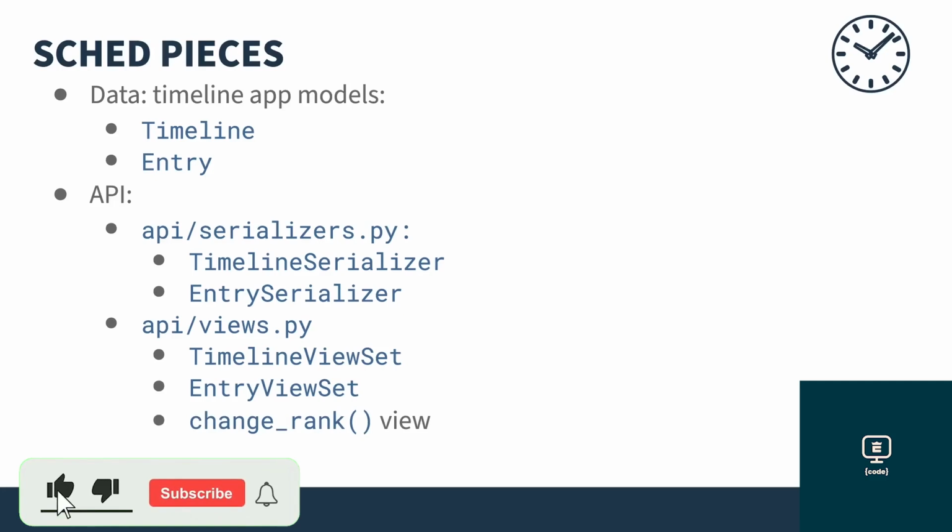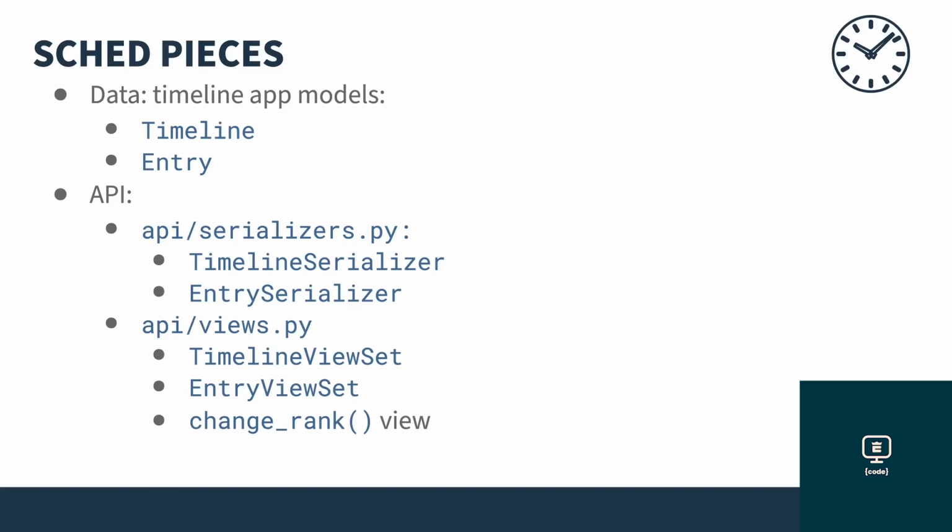The entry object inherits from Django All's ranked model class. This is what specifies the order of the entry inside of the timeline. Ranked model has logic inside of it that ensures the ranks are consistent if one of them changes. This logic is done in an overridden save method.